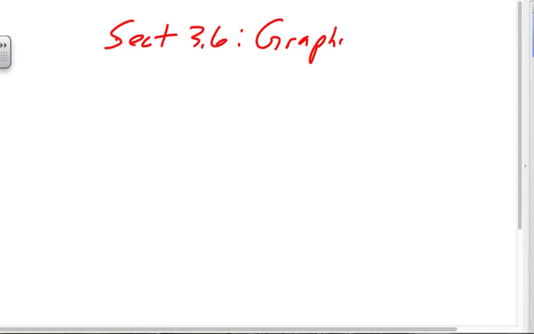Okay, so this is the last section we're going to be dealing with. I'm going to give you two different parts of it. Let's deal with section 3.6, and here we're talking about graphing rational polynomials.